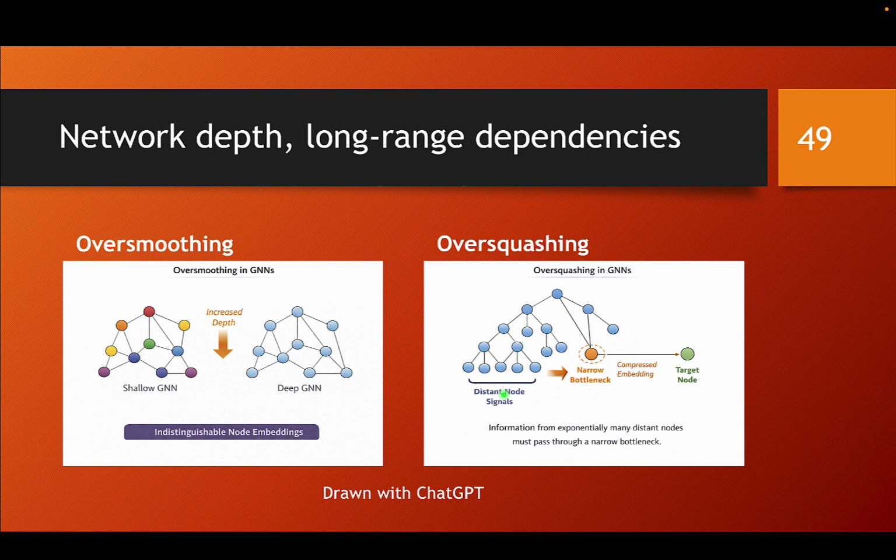Again, taking our social network example, imagine that two large communities connect by one so-called bridge user. So all information that goes from one community to the other one goes through that particular user. And that user has a fixed embedding dimension, and so there will be too much information that has to be compressed from one community to the other one.